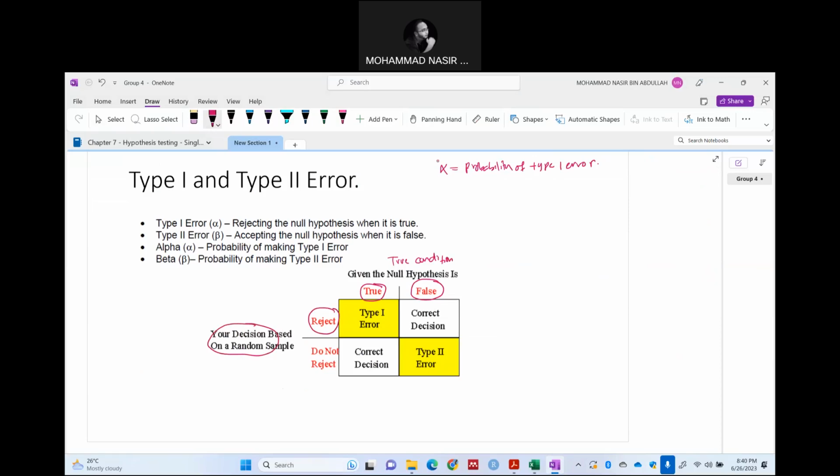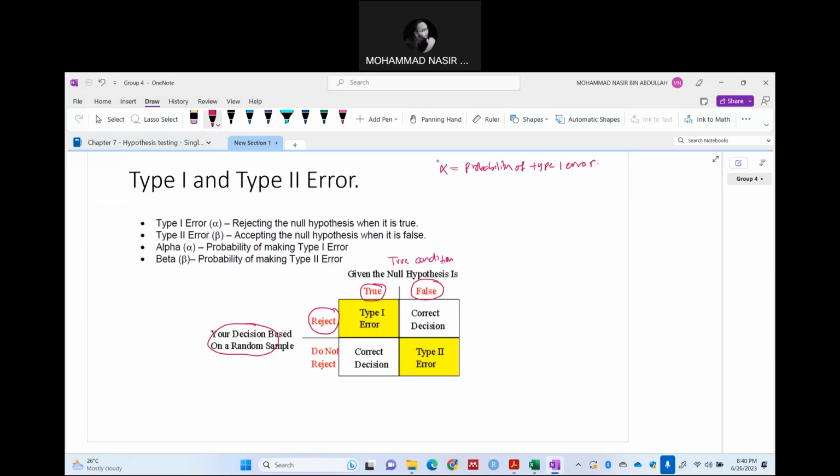It means that we are committing type 1 error. We are making a mistake, so it is called type 1 error. In hypothesis testing, we would like to minimize committing type 1 error. We want to minimize the error.